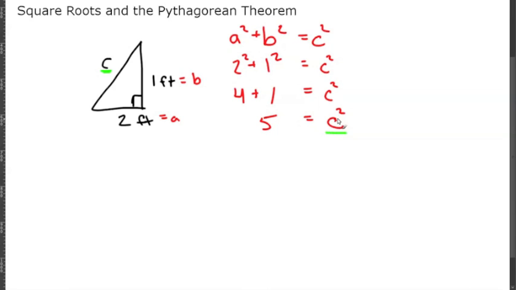And we know that c is the square root of 5, so we just take the square root of 5. The square root of 5 is going to be equal to c. So c equals, punch it into your calculator, you're going to get 2.24.